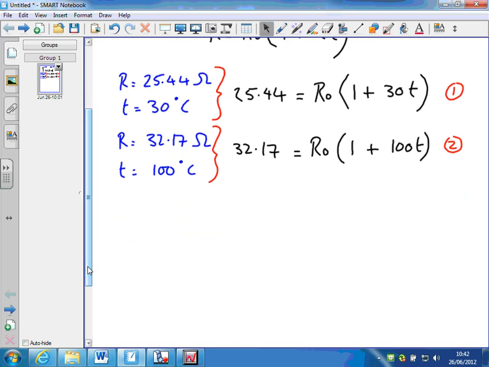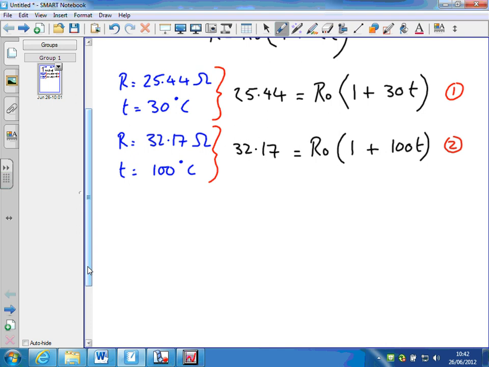Now, the easiest way to solve this, if you look at equation 1 and equation 2, if I were to divide one equation by the other, then I would get a situation where R0 has disappeared, and then I could find T. So let's try that.